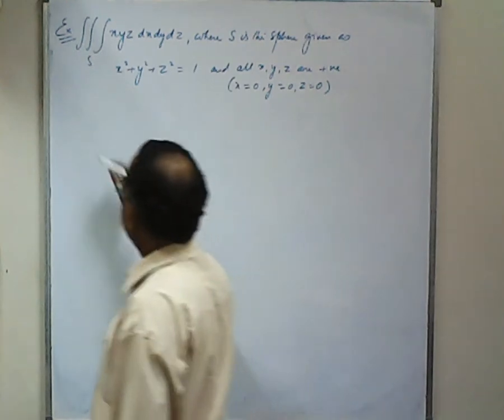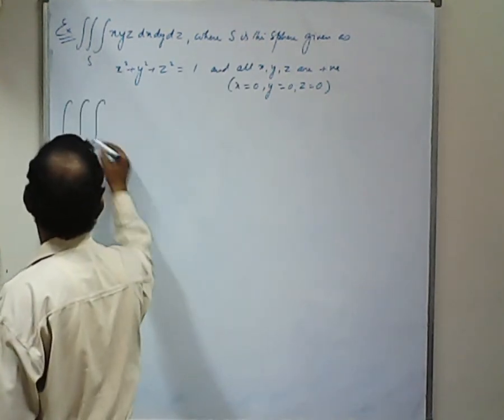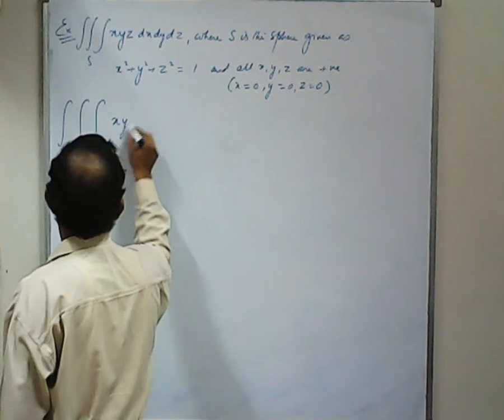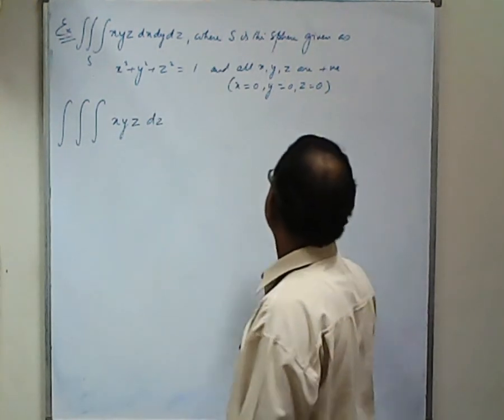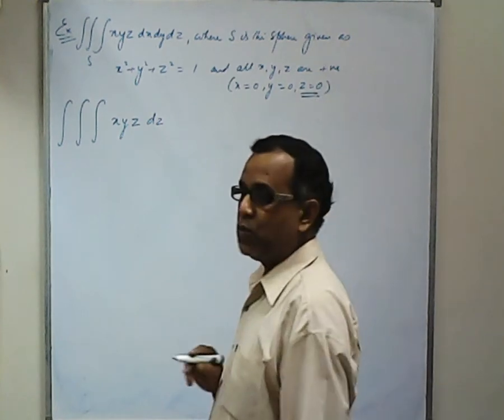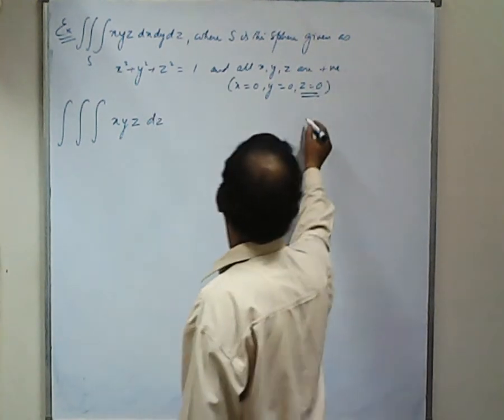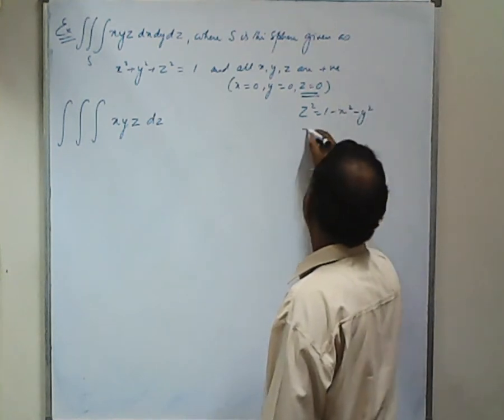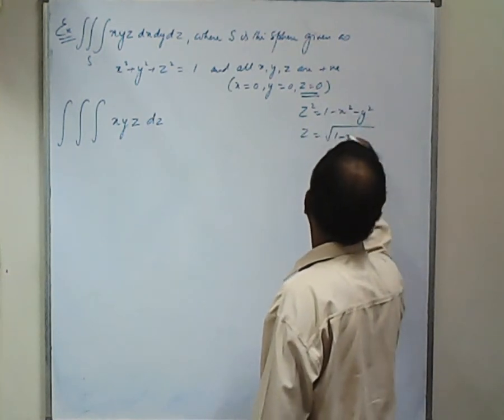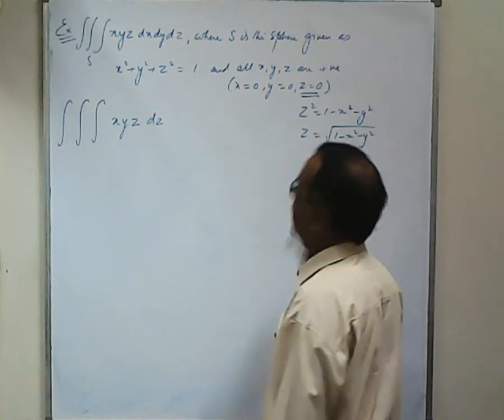If I decide to try with z first, then one value of z is 0 and the other comes from z square equal to 1 minus x square minus y square. It means z is equal to under root 1 minus x square minus y square.